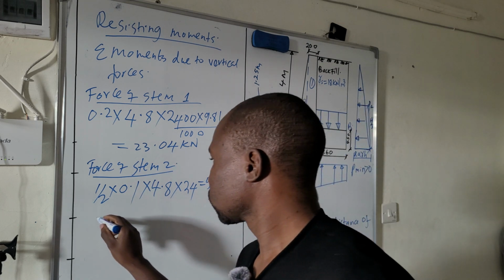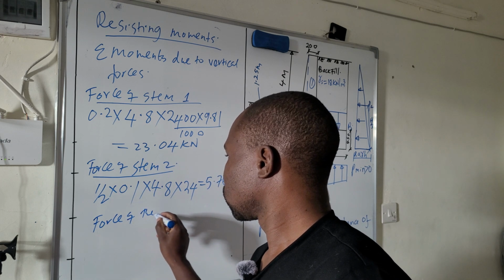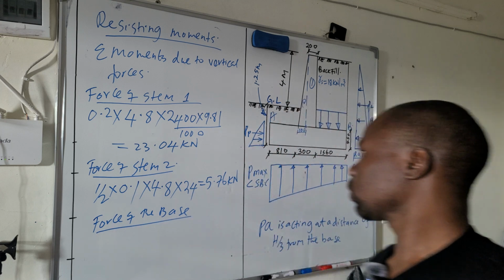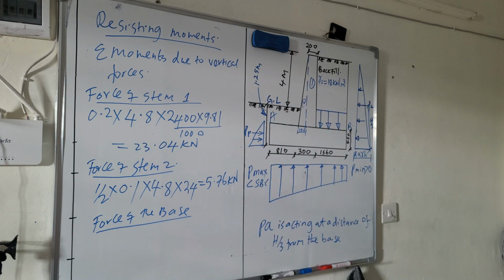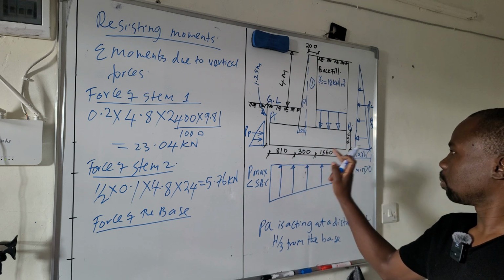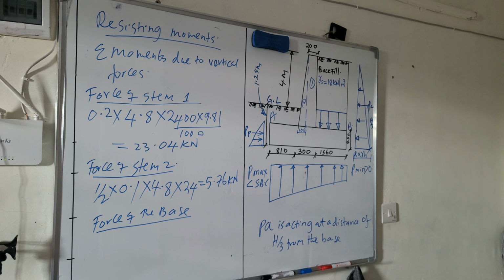So force of the base. So this one is equal to length times width. So the length is 810 plus 300 plus 1560, and then you convert it to meters.